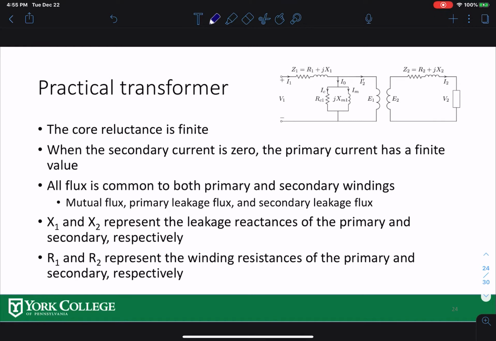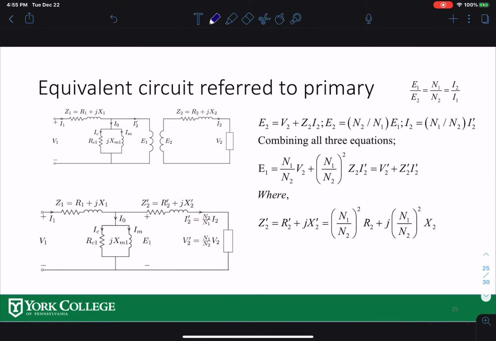Again, as I said, there's resistance. There's also inductive reactance due to the leakage flux into the coil, and that is right here. So this is your transformer model as it is, primary and secondary. Again, one is primary, two is secondary.